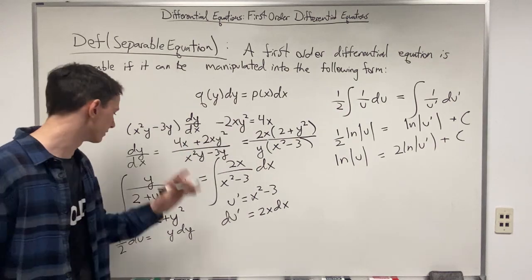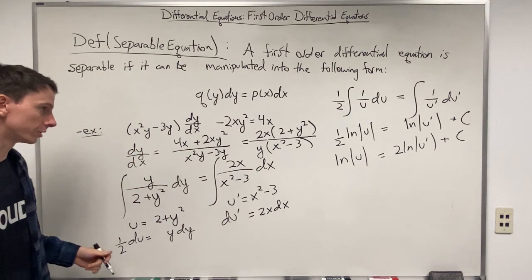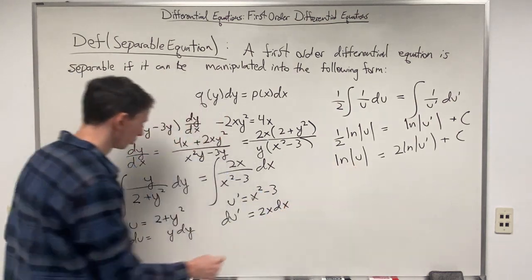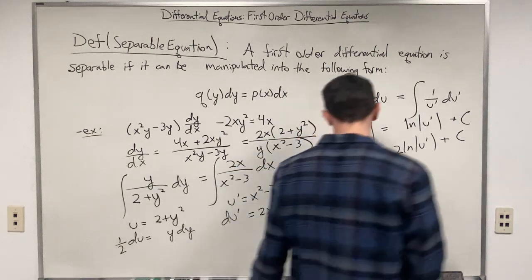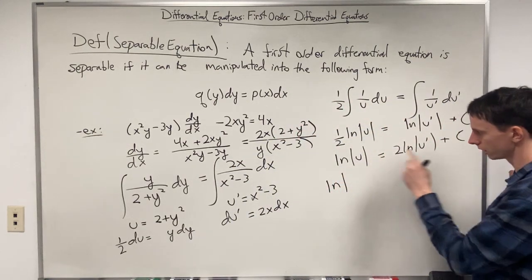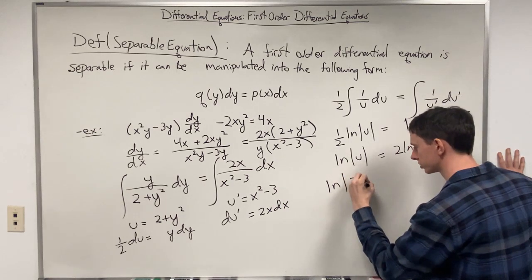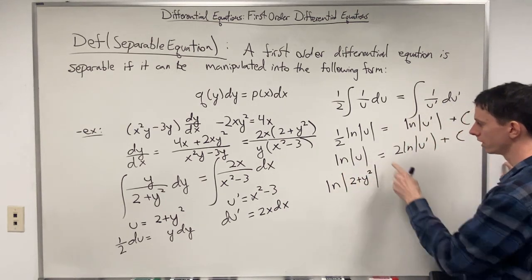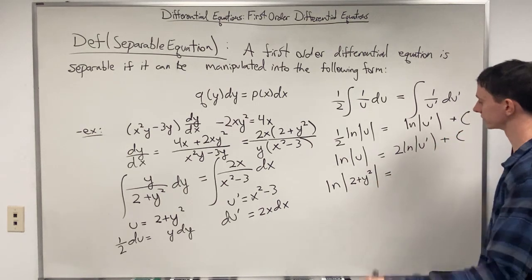Then at this point, it's really just algebra, right? So I'm going to replace u with its definition in terms of y. So rather than natural log of u, I'm going to have the natural log of 2 plus y squared equals, and then hopefully we're familiar with properties of natural logs.